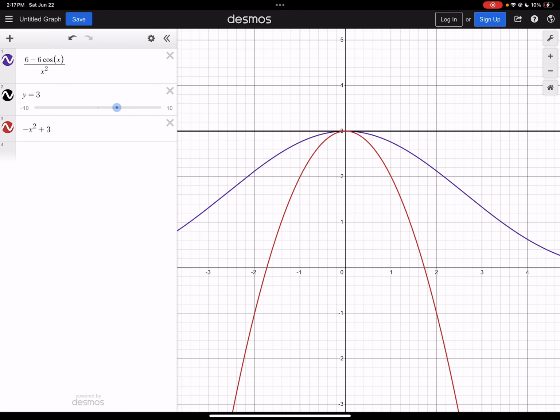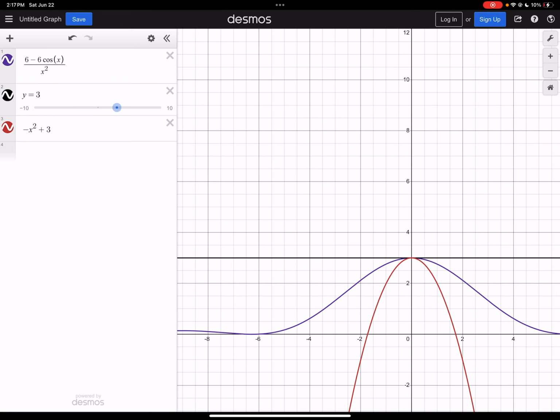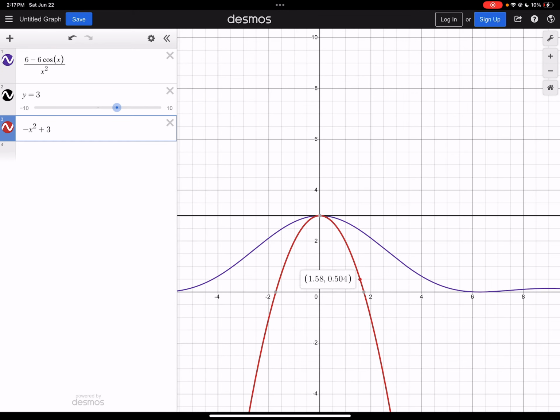We could squeeze with that, because you'll notice that this function right here is always going to be greater than this purple function right here. And then the red function, my negative x squared plus 3, will always be less than my purple function. So we could squeeze that.